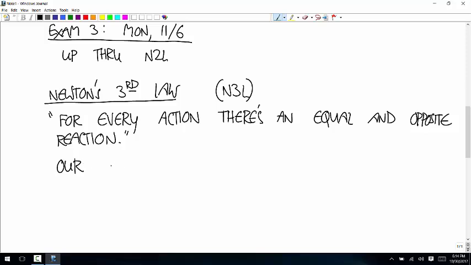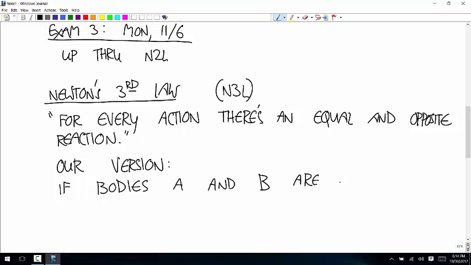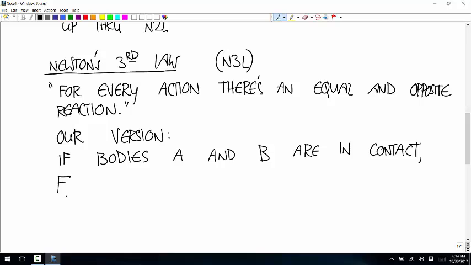So our version is something like this. If bodies A and B are in contact, then the force vector on A by B is equal to negative the force vector on B by A. So whenever two things are in contact, they apply forces to each other that have the exact same magnitude and just the opposite direction.